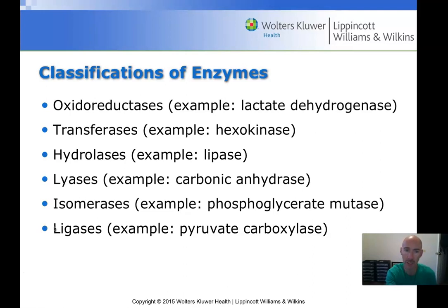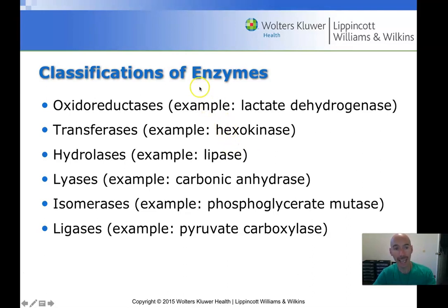This slide is really just showing you that any enzyme is going to end in the suffix ase. So notice all of these: lactate dehydrogenase, hexokinase, lipase. Anytime you see a word that ends in ase, in terms of biology or exercise physiology, it's probably referring to an enzyme, okay?